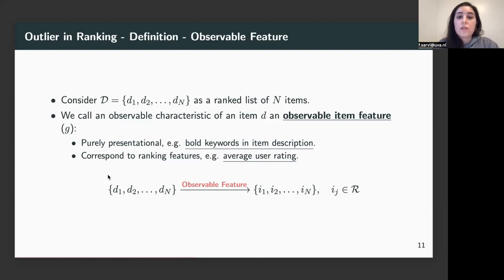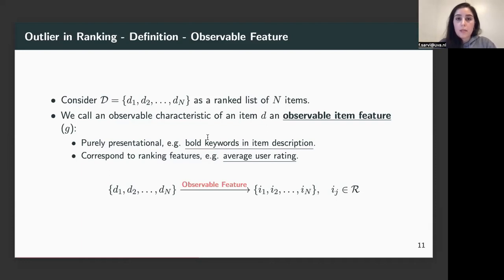First, we need to formally define these outliers because outliers are defined in different domains, but there's no formal definition for them in the ranking domain. So we needed to do that. Let's assume that we have a collection of items, D1 to Dn, and we want to call the observable characteristics of each of these items observable item features.